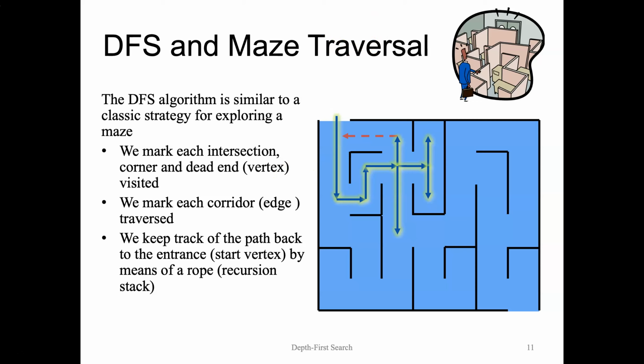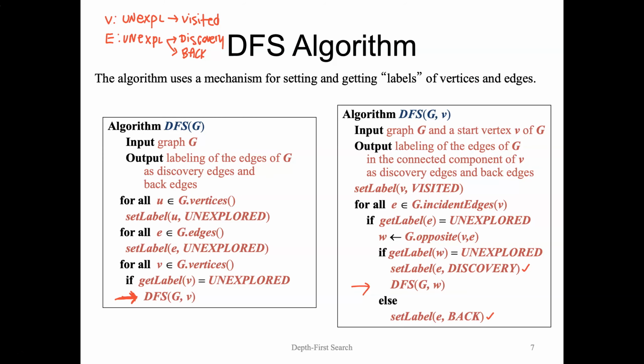Okay, so let's see, how efficient is depth first search? What is its running time? So let's go back again to our algorithm. Remember, n is the number of vertices we have. This is pretty standard notation. And m is the number of edges. So how efficient is this?